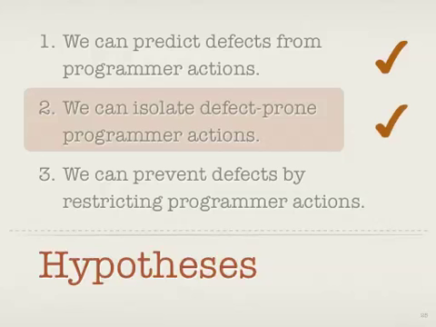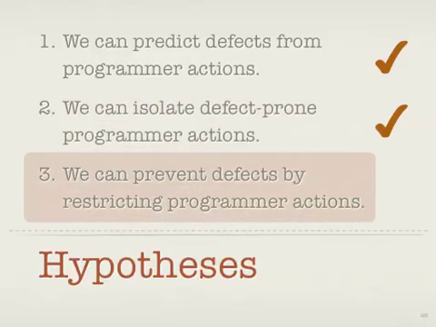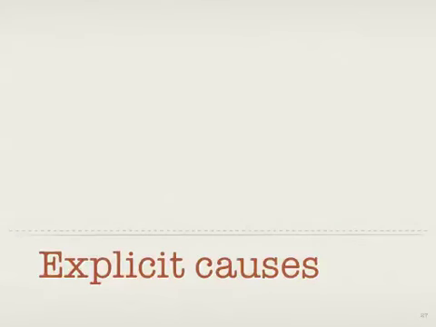Third point is, can we actually go and use these insights to prevent defects in the future? And for this purpose, we started a couple of experiments with interns at Microsoft. I was there for 2 months, so we had plenty of time. First thing we did is we went and color-coded the individual letters on a keyboard.